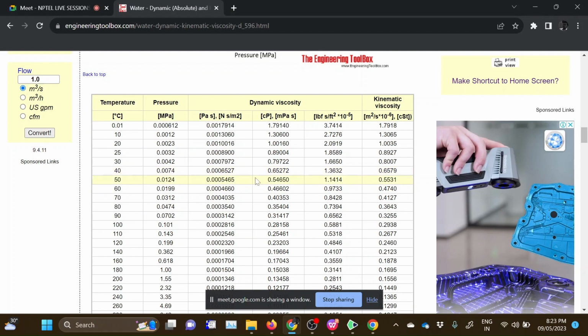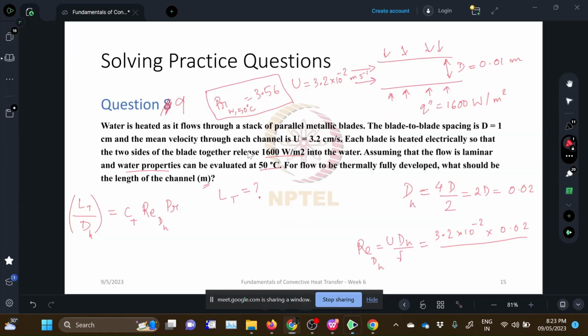So at 50 degrees Celsius, I'm saying that the kinematic viscosity is 0.55 into 10 to the power minus 6. So we will use that value, 0.55 into 10 to the power minus 6.